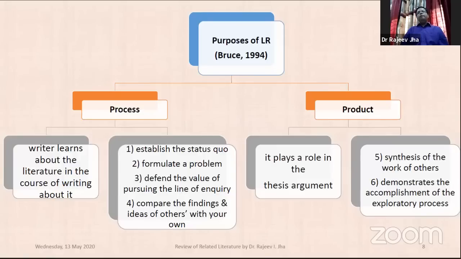Process and product form means in the process, the writer learns about the literature in the course of writing about it. Whereas in the product form, it plays a role in the thesis argument.